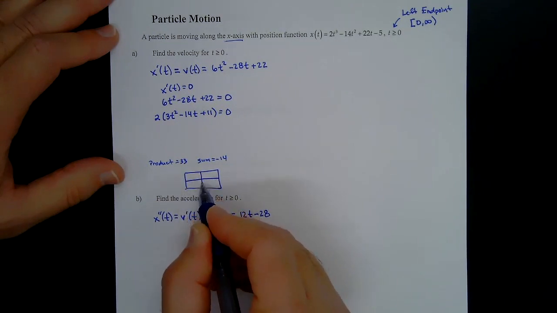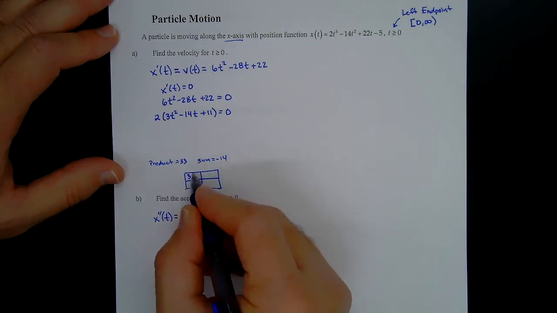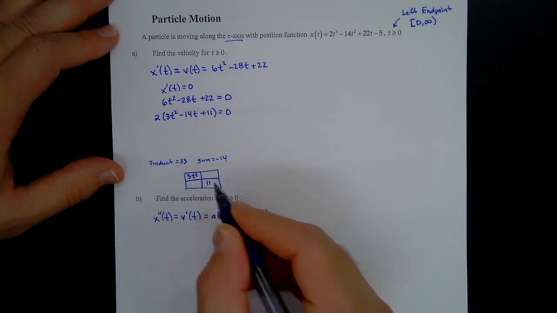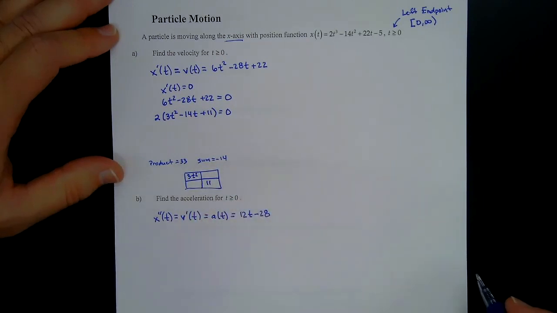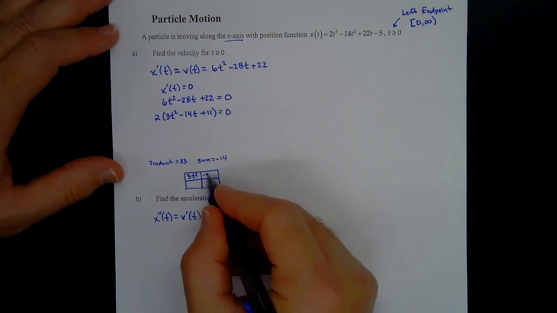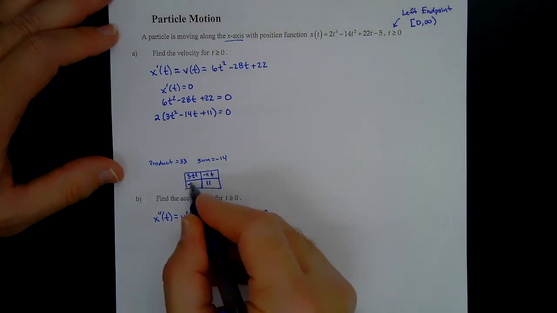I'm making a small one here. This would be 3t squared, and this would be 11. So the product has to be 33, and the sum has to be negative 14. That would be negative 11 and negative 3. So this would be negative 11t, and this would be negative 3t.